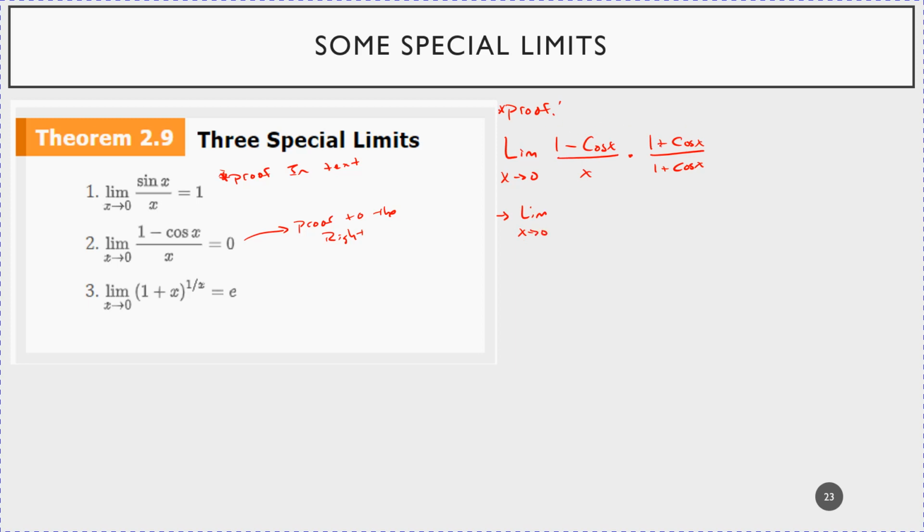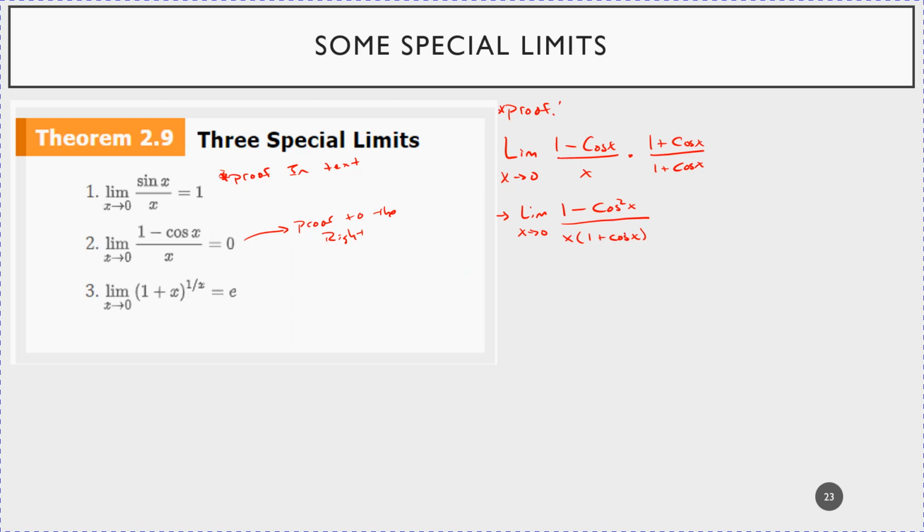Remember, in the conjugates, the two middle terms cancel out. So when you FOIL the conjugate, you get 1 times 1 is 1, and then minus cosine of x times cosine of x gets me minus cosine squared of x, all over x times 1 plus cosine of x.